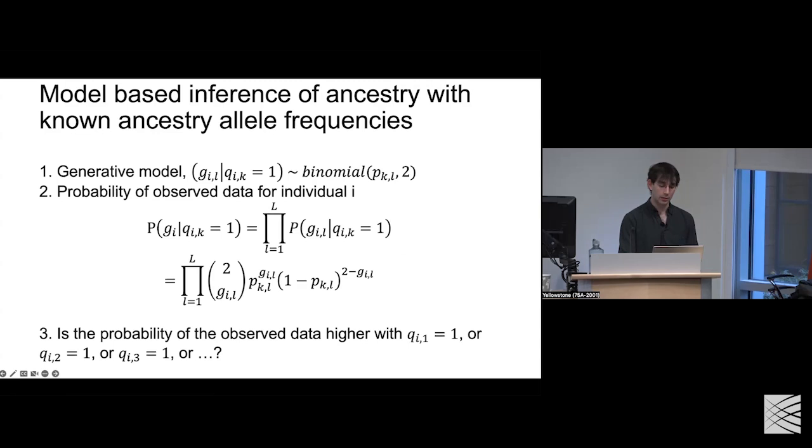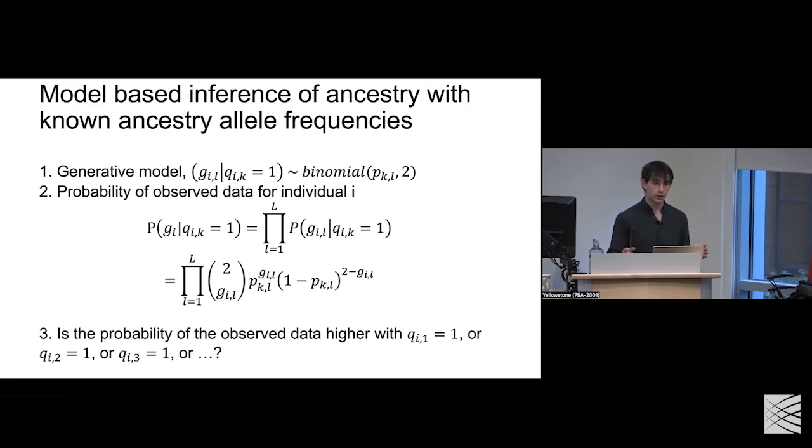And so to make that less mathy, we're trying to say what is the distribution of mutations for an individual that is in ancestry K. We're basically going to flip a coin twice. And then we'll take the sum of the number of times that that coin comes up heads. And the coin comes up heads with a probability equal to the allele frequency.